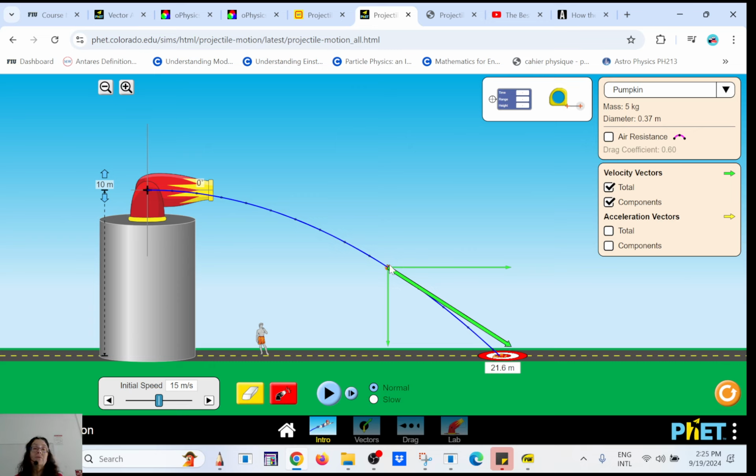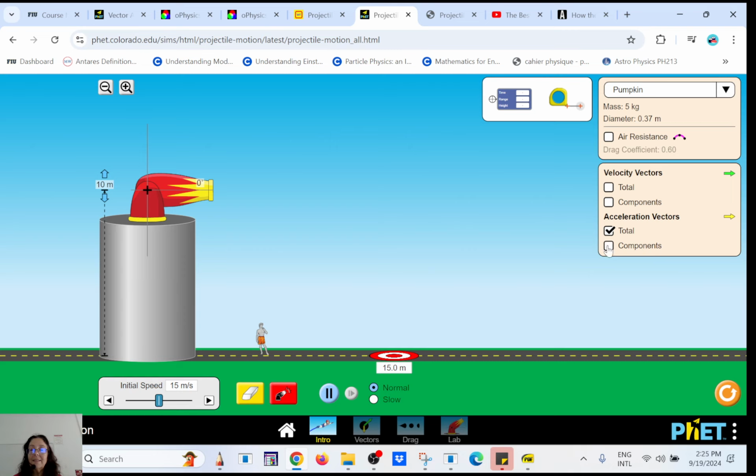So again, to find the speed, you use the Pythagorean theorem. To find this angle here, you have to use tangent. And then, boom, yay! 3 stars. Let's look at acceleration. Acceleration is always down, always down.